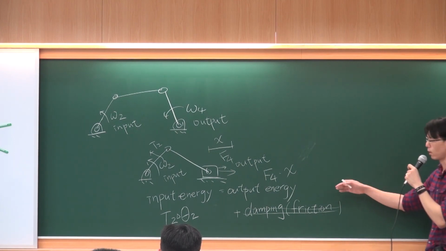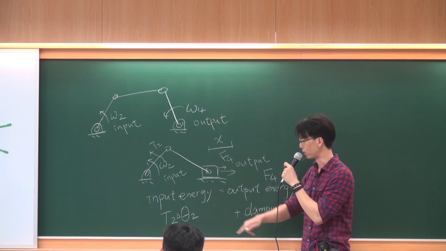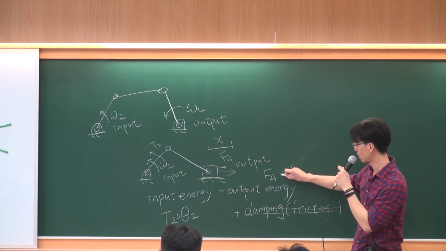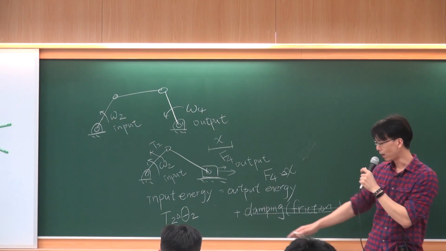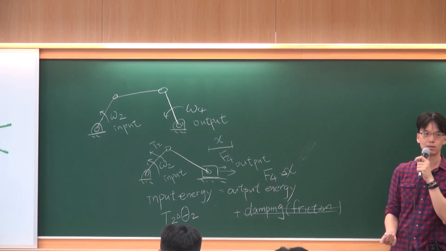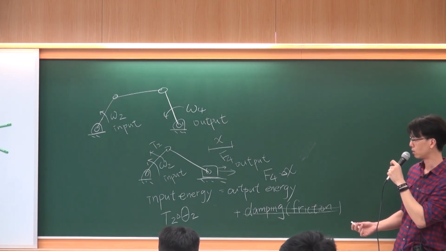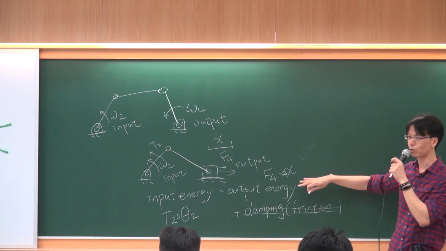If there's no energy loss, I can have this equation, also putting a delta here. The input energy should be the same as the output energy. Any questions so far?